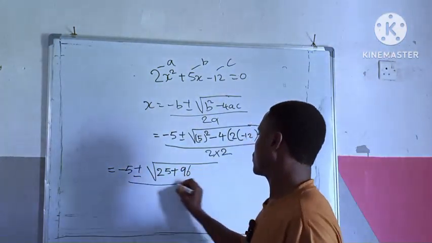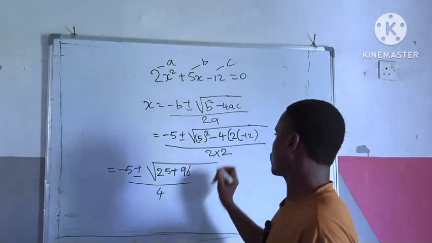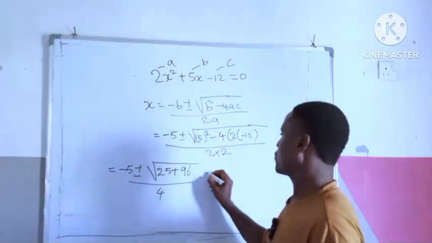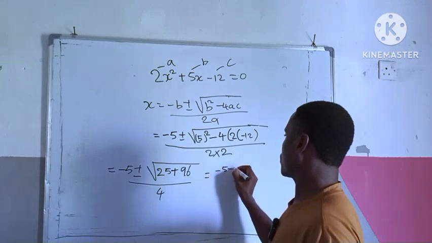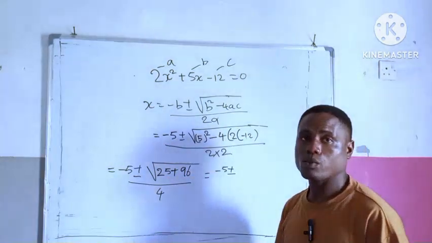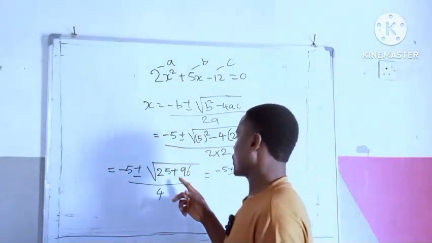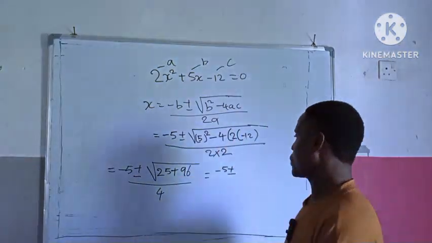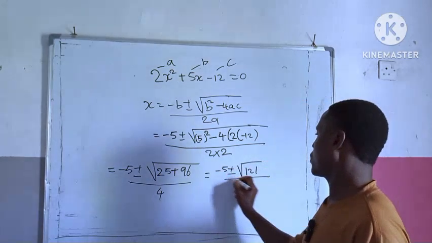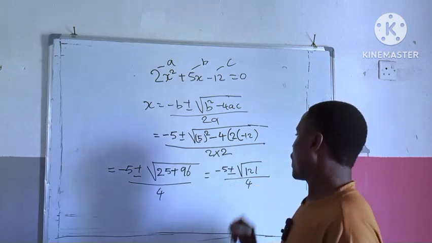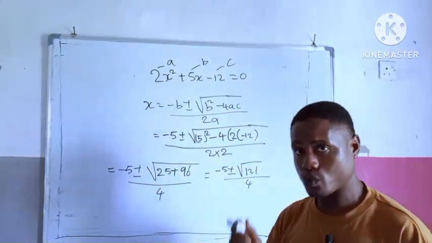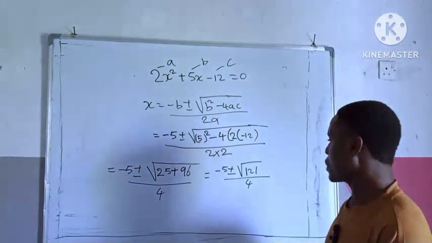96, all over 4, which is 2 times 2. Okay, so we have minus 5 plus or minus the square root of 25 plus 96, which gives us 121. And the square root of 121 is 11, all over 4. You know that quadratic equations always come with 2 answers, so take note.